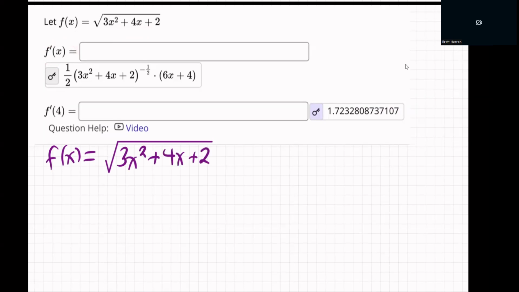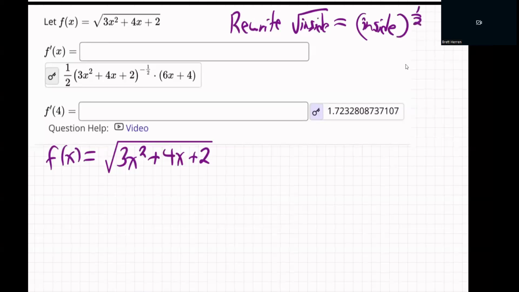Well, the first thing I would do is I always rewrite. So whenever you have the square root of whatever's on the inside, that means it's the inside to the half power.